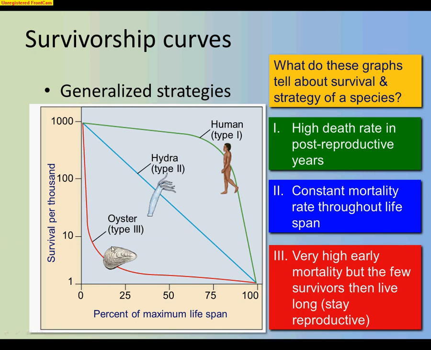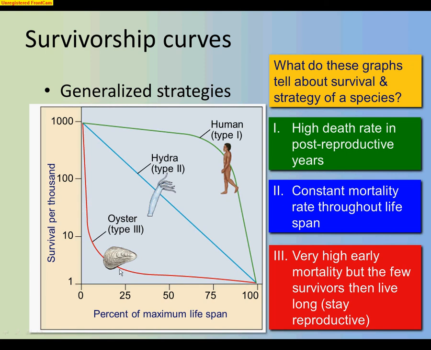The other one to look at here is the oyster. When oysters spawn and produce lots of babies, the likelihood of those babies being able to reach reproductive age is very low. I'm sorry, so the mortality rate of the young oysters is very high. Basically, they're eaten by fish, so they are good fish food before they reach this hard shell stage.